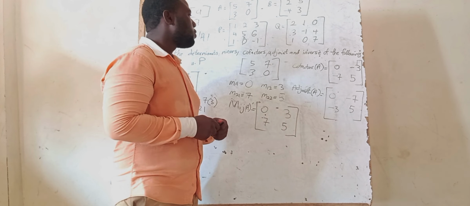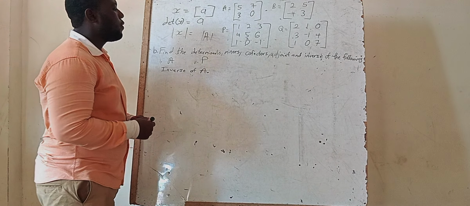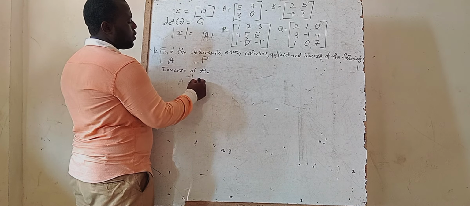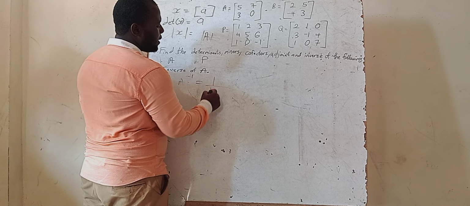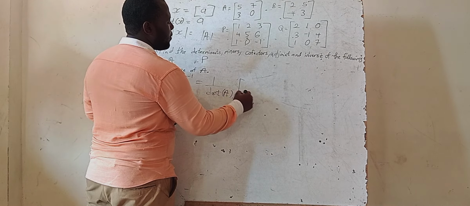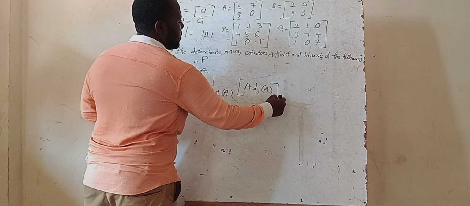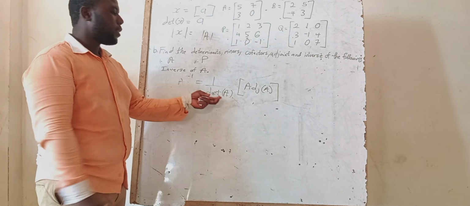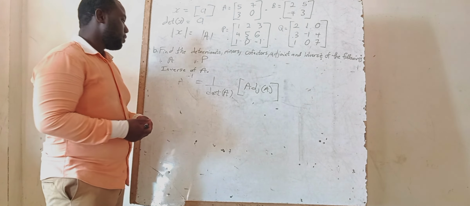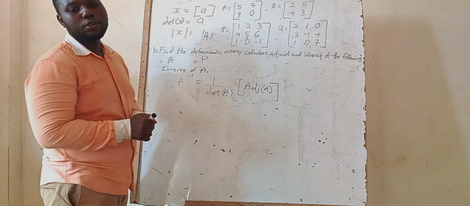So we'll head on to find the inverse of A. The formula for finding inverse, let's say inverse of A, is equal to 1 over the determinant of A being multiplied by the adjoint of A. So this is the formula for finding inverse of A. And earlier we found out that the determinant of A was minus 21.